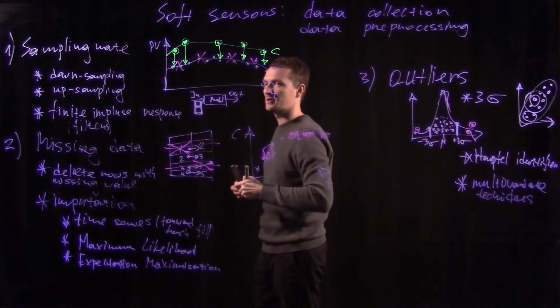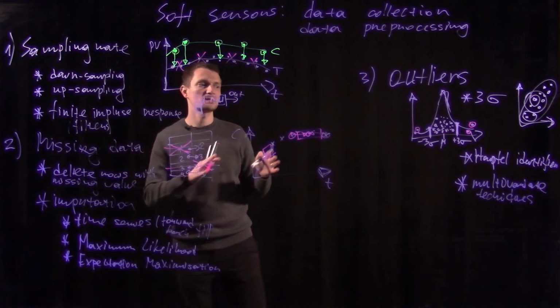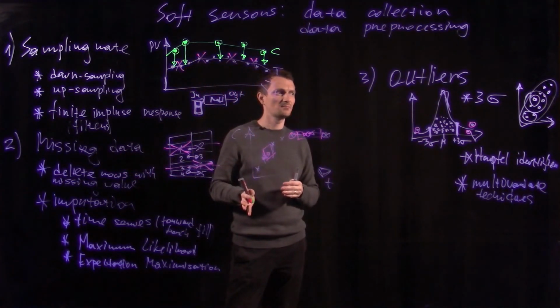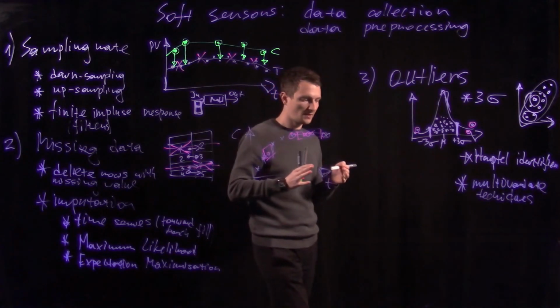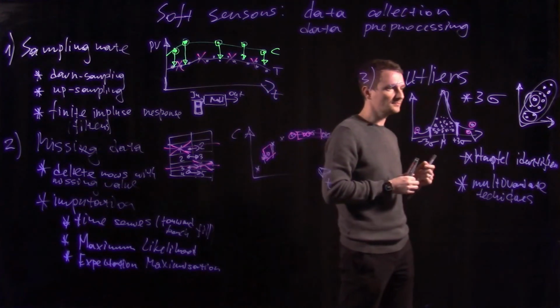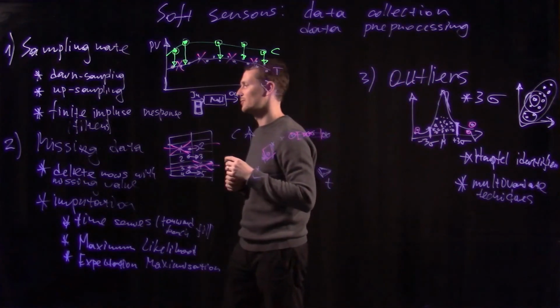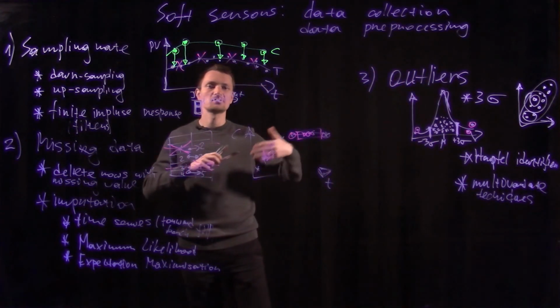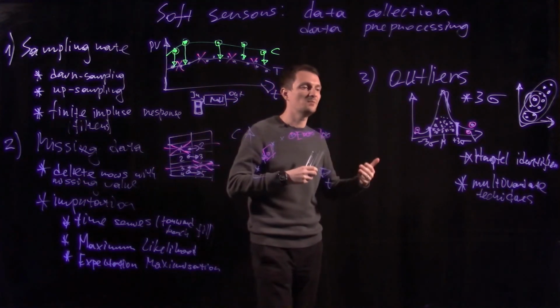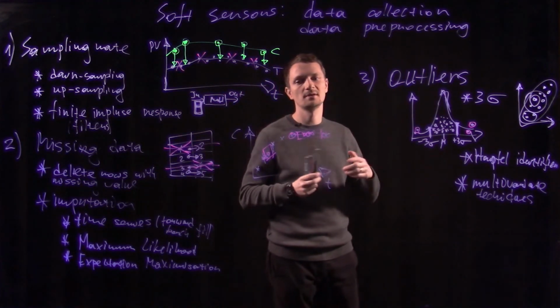So now you can think, okay, I can apply these techniques on my data. That's great. And then train the model. That's right, you must do this. But also you need to apply these techniques on data that are coming from the plant in real time.